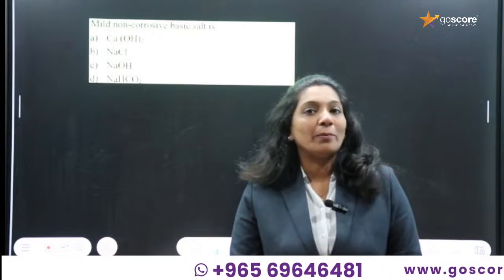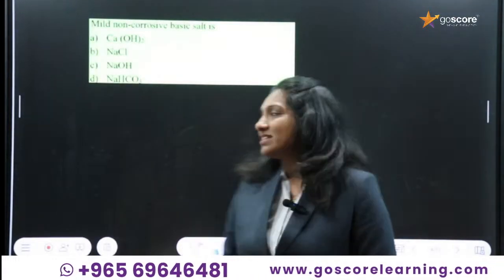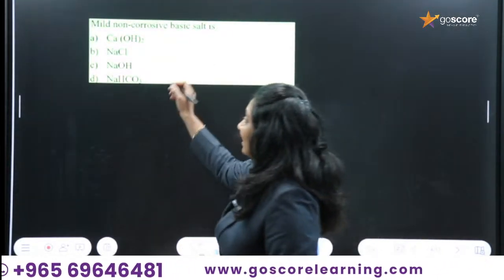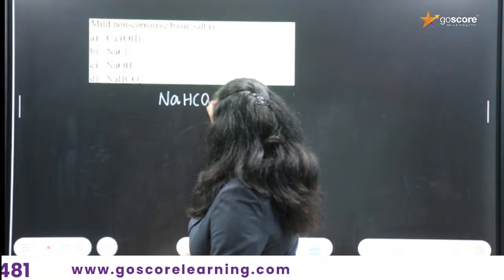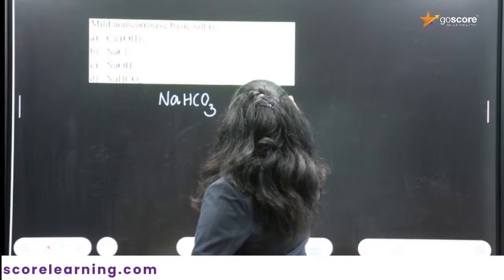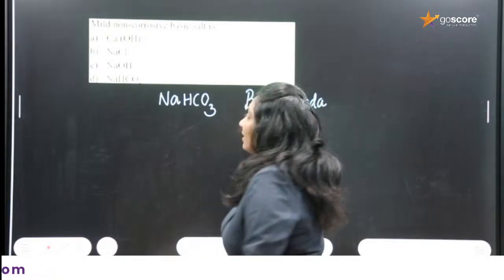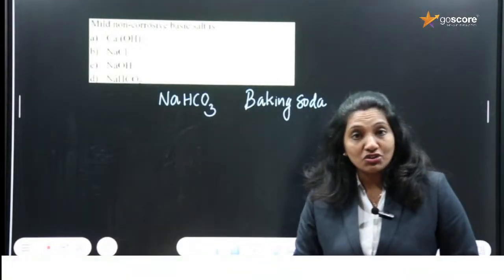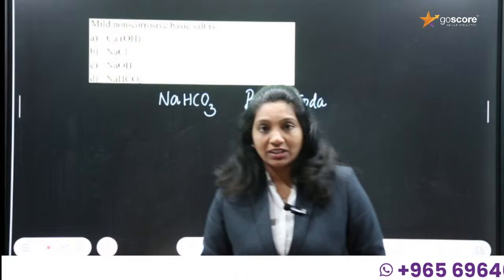What is the common name of sodium hydrogen carbonate? Exactly, it is baking soda. Sodium hydrogen carbonate is commonly known as baking soda, and its chemical name is sodium hydrogen carbonate, or you can write it as sodium bicarbonate, right?